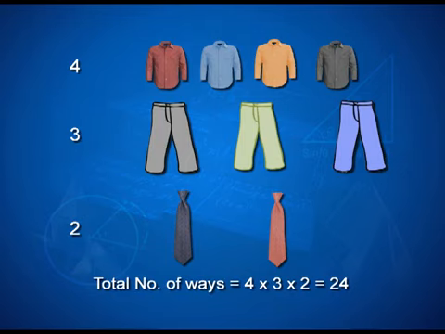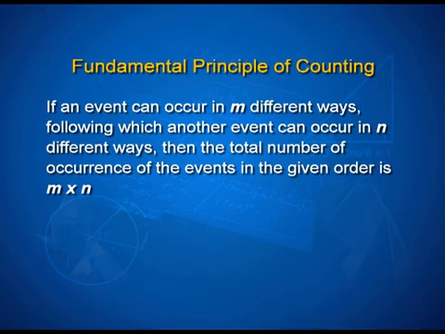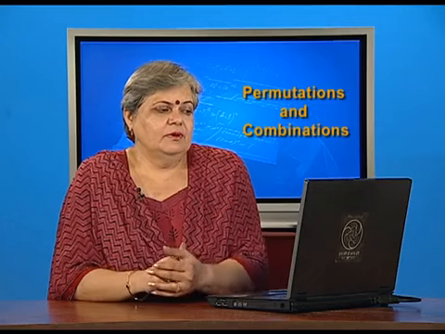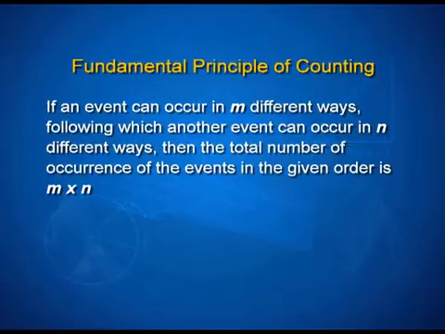So, is there some hidden principle behind this calculation that we have done? Well, yes, there is, and it is called the fundamental principle of counting. The fundamental principle of counting states that if an event can occur in m different ways, following which another event can occur in n different ways, then the total number of occurrences of the events in the given order is m times n.